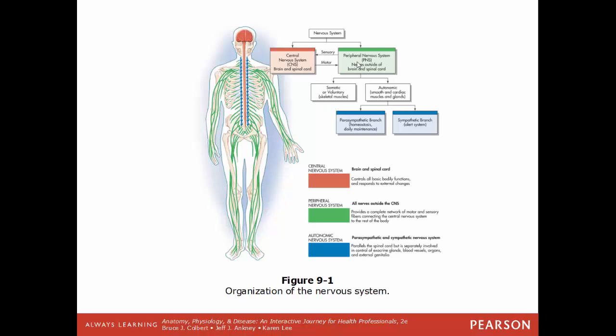The peripheral nervous system is divided into the somatic, or voluntary nervous system, which controls voluntary skeletal muscle, and the autonomic nervous system, things that happen automatically without your control. That is further divided into the parasympathetic and sympathetic branch. So your daily maintenance is done by the parasympathetic, and the sympathetic is your alert system when you're in an emergency situation where you have to react without thinking.